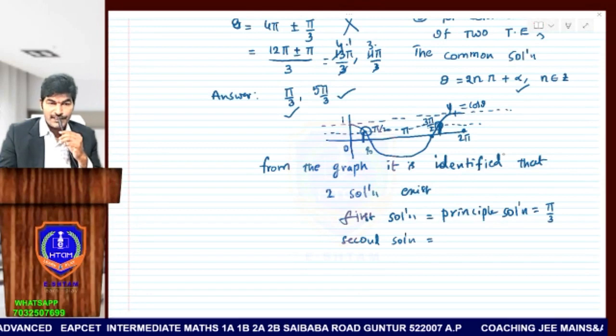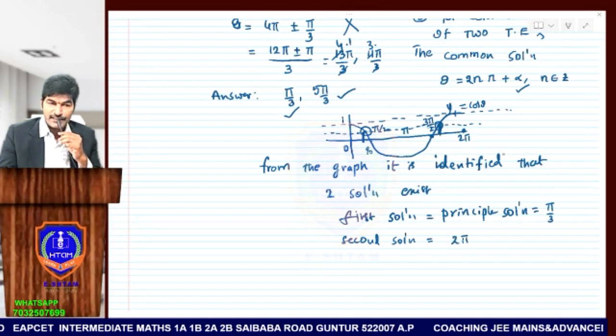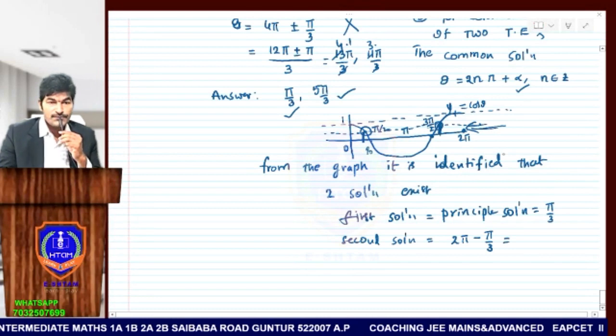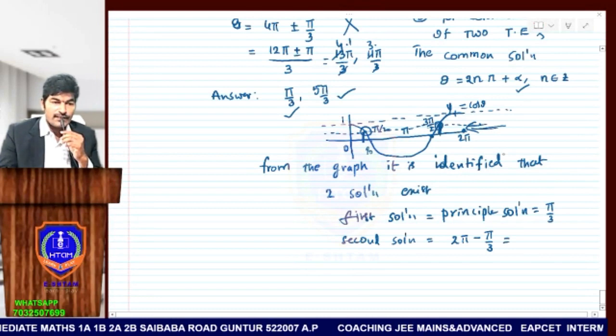This is the graphical solution. You can get the same value by subtracting, because it was below 2 pi. So write down 2 pi minus pi by 3. You can identify that value here.